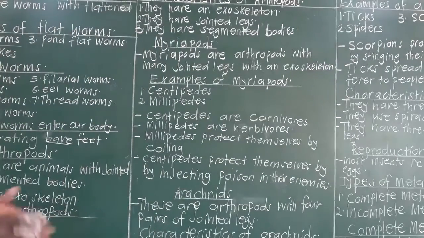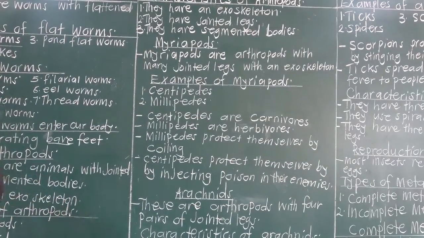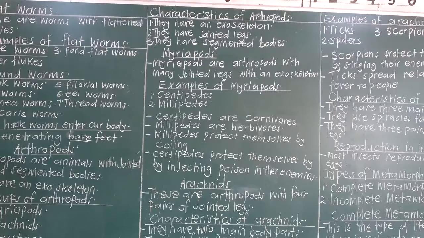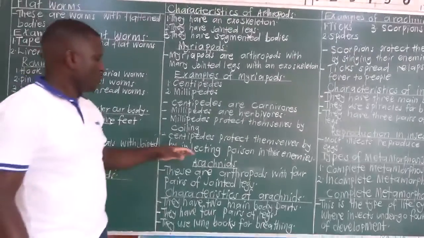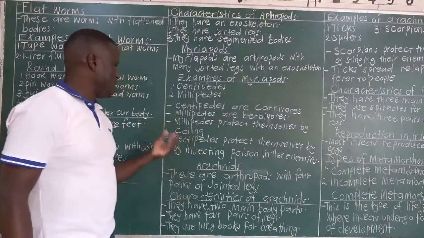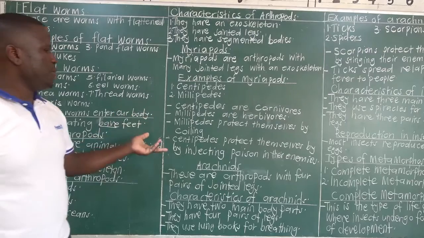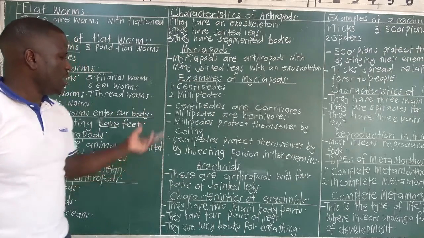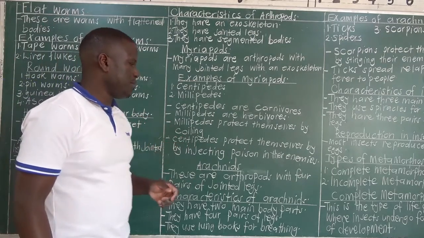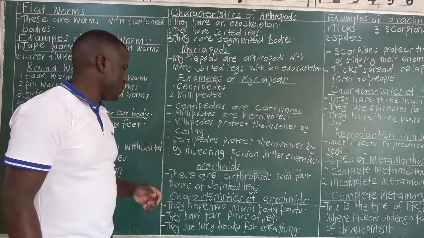Centipedes protect themselves by injecting poison in their enemies. So another difference between a centipede and a millipede is that millipedes protect themselves by coiling, while centipedes protect themselves by injecting poison in their enemies.